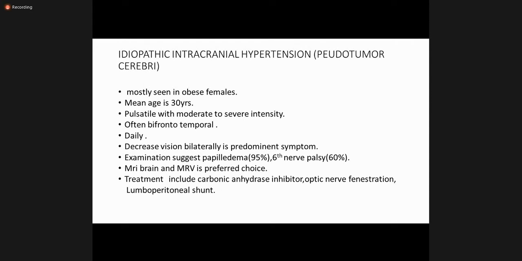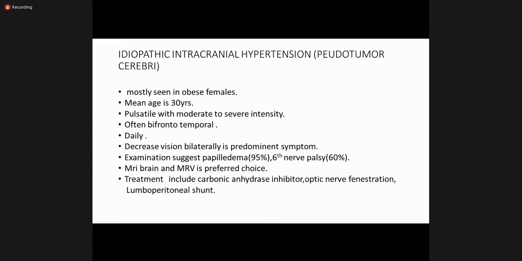These are pulsatile headaches of moderate to severe intensity. They have associated visual problems, especially decreased vision, blurring of vision, or diplopia, which is usually bilateral and the predominant symptom when the patient comes to you. These are daily headaches, and they require investigation.